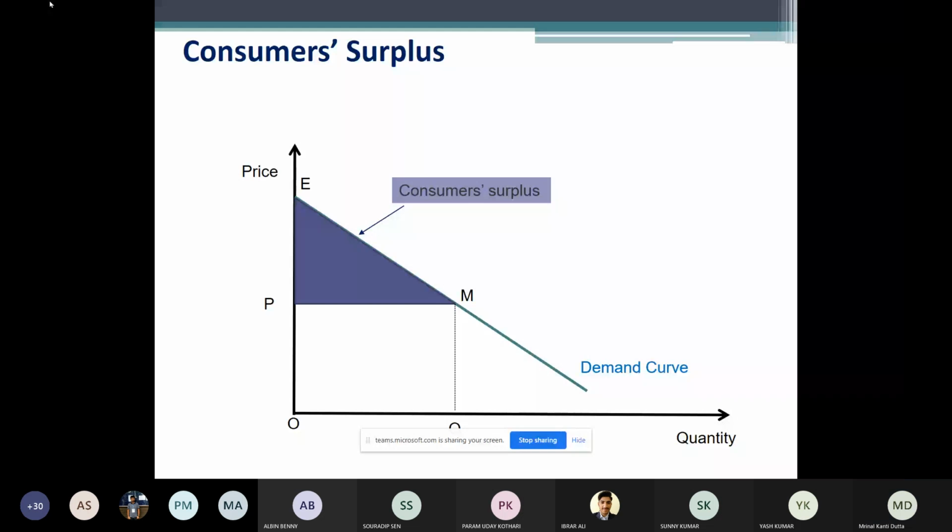So if the consumer procures the commodity, the quantity of which is around OQ, he will be enjoying a consumer surplus of, suppose, triangle EPM or PEM. Similarly, you can have the concept of producer surplus.